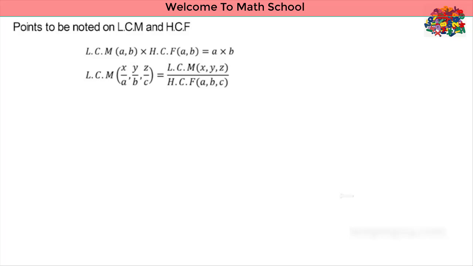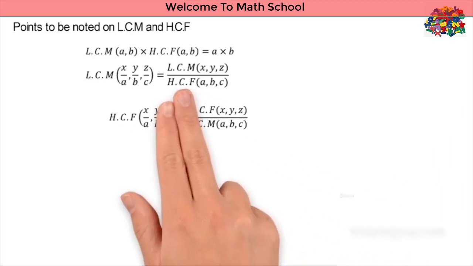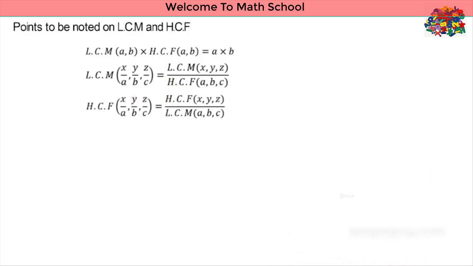So whenever you want to find the LCM of fractions, it is nothing but the LCM of numerators divided by the HCF of denominators. Similarly, when you are trying to find the HCF of fractions, it is the HCF of numerators divided by the LCM of denominators. So that's why it is HCF of XYZ divided by LCM of ABC.